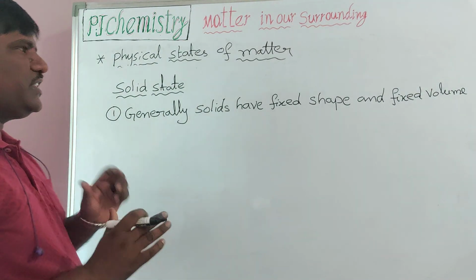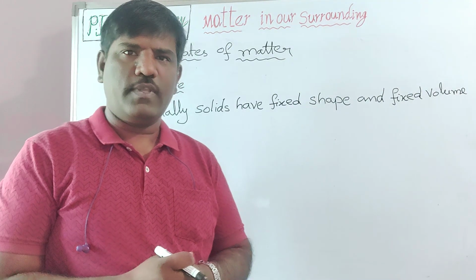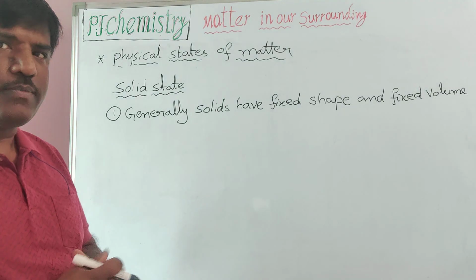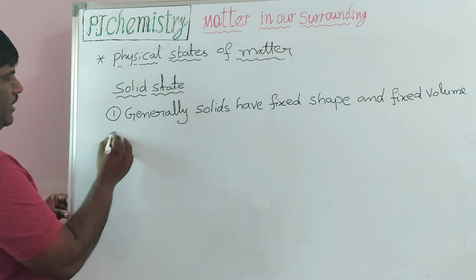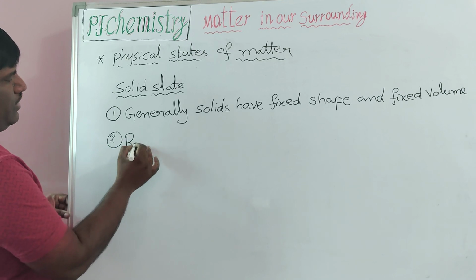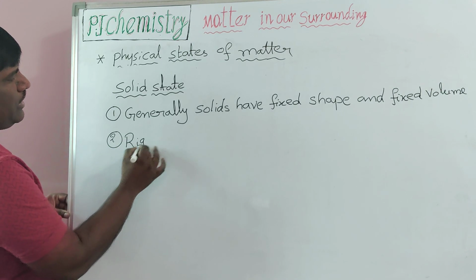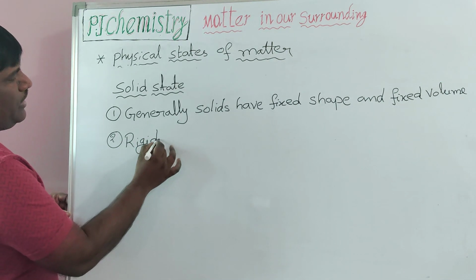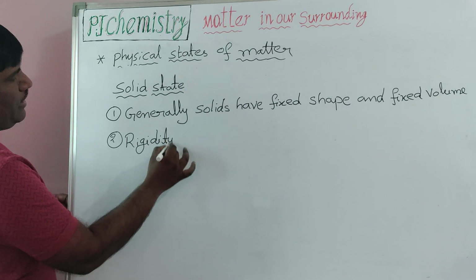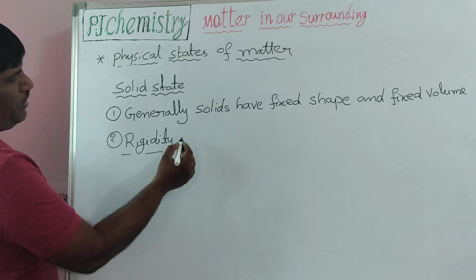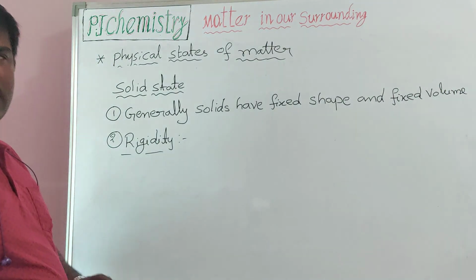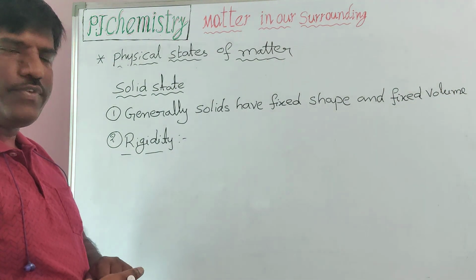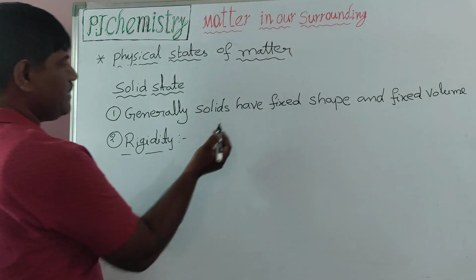Why do they have fixed shape and fixed volume? Fixed shape is nothing but rigidity. What is meant by rigidity? The packing of the particles in that particular physical state, that is what we call rigidity.